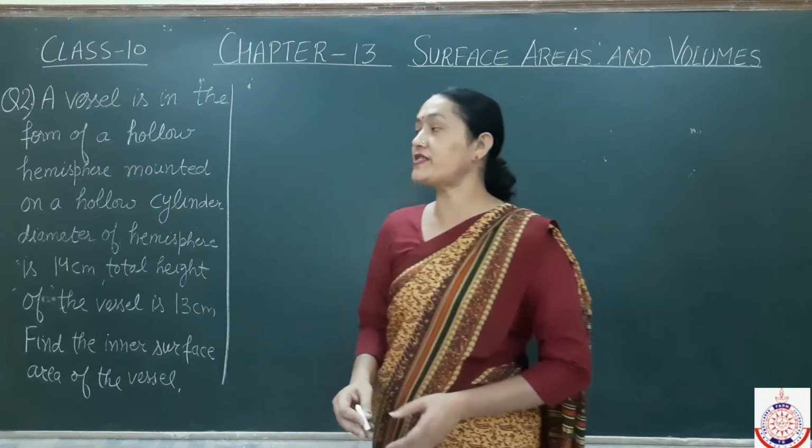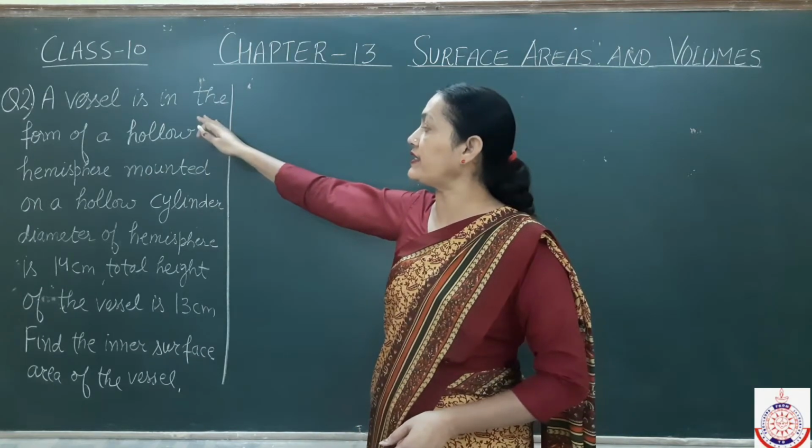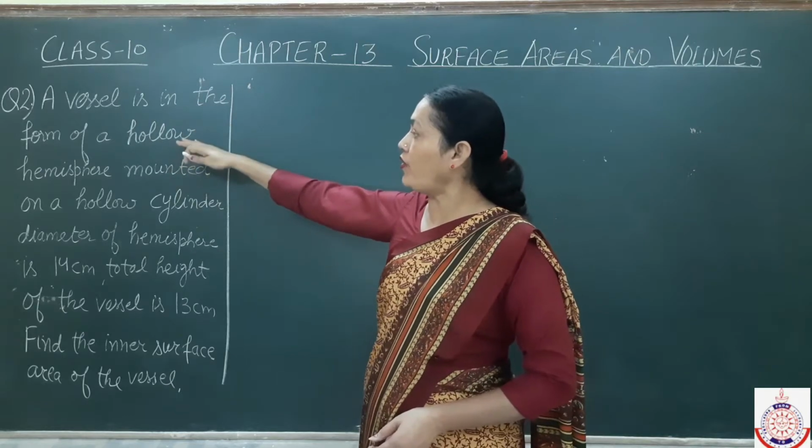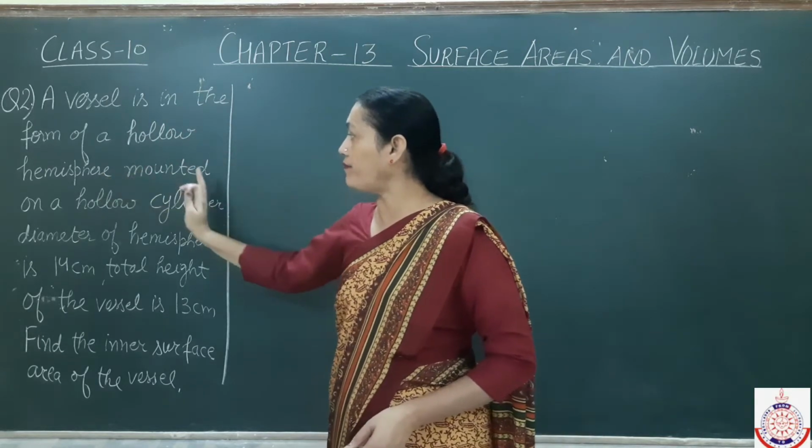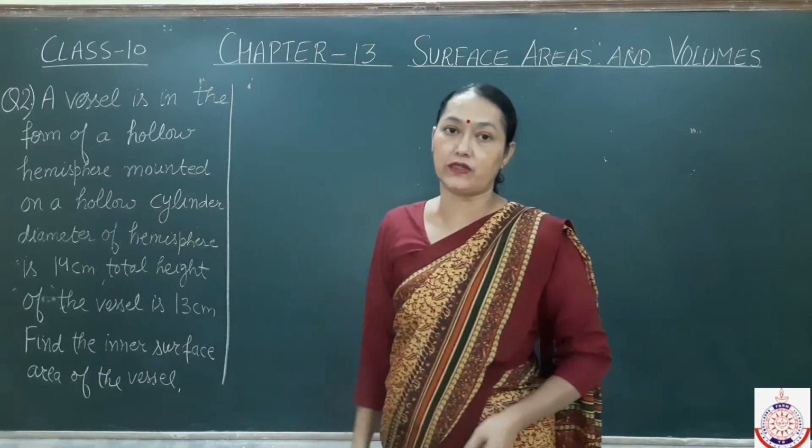In this question they are saying that a vessel is given. It is in the form of a hollow hemisphere mounted on a hollow cylinder.